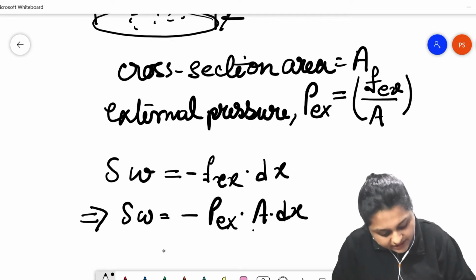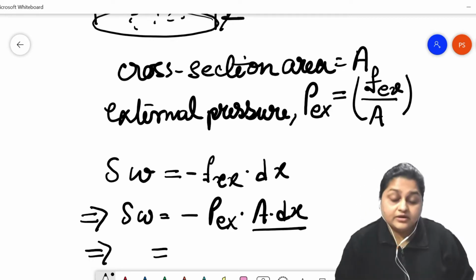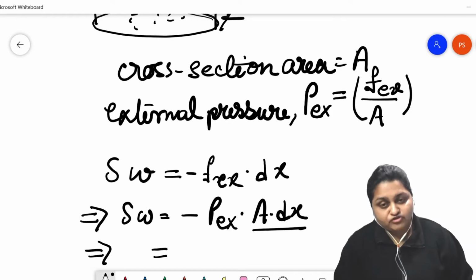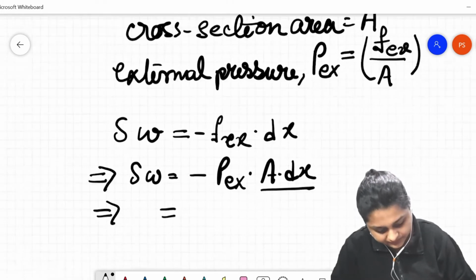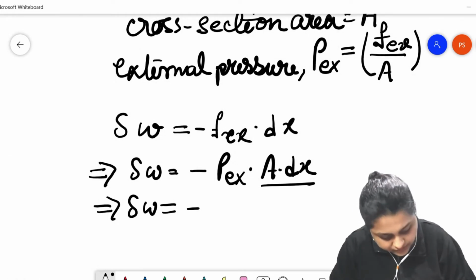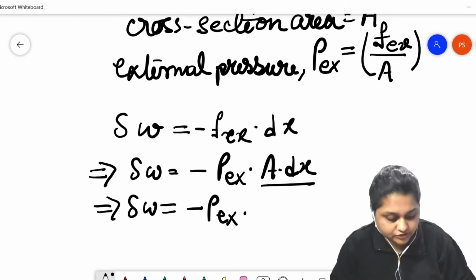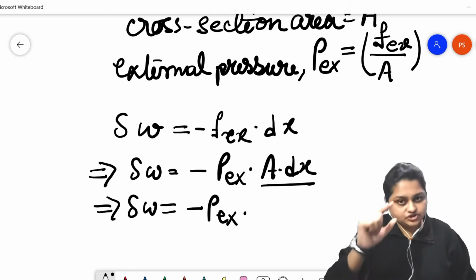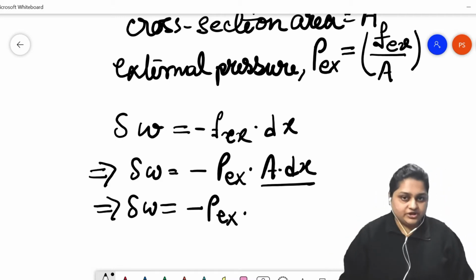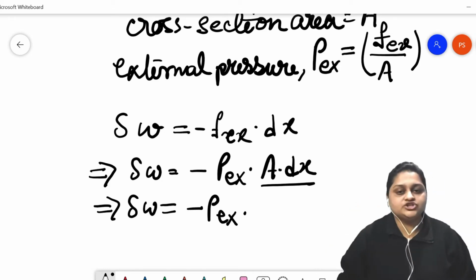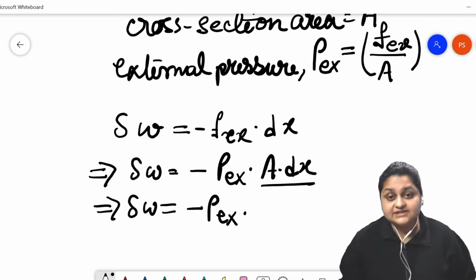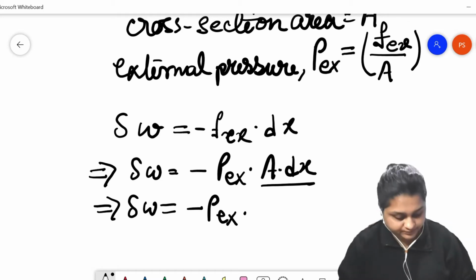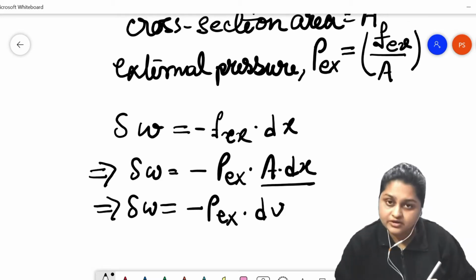Now this A into dx is nothing but area into distance of an enclosure, which gives us the volume of that enclosure. So dW equals minus Pex, the external pressure, into dx, the change in the distance, and A, the cross section area of that enclosure. So what we are calculating here is the cross section area of the enclosure multiplied by the change in the distance, that is the change in the volume, dV.